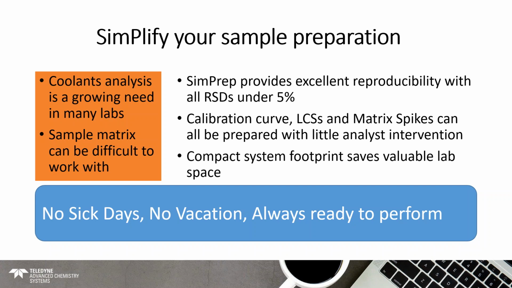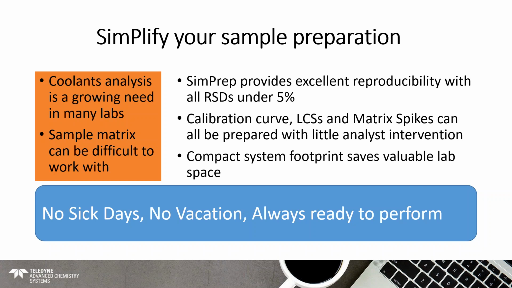So to encapsulate this, we want to simplify your sample preparation. We know that coolants analysis is a growing need in many labs. The sample matrix can be difficult to work with, and as labs are adopting this technique and adding it to their portfolio, there can be some growing pains associated with that. One of the things that can be done to help with that is to provide your lab workers with an automated solution for the sample preparation.